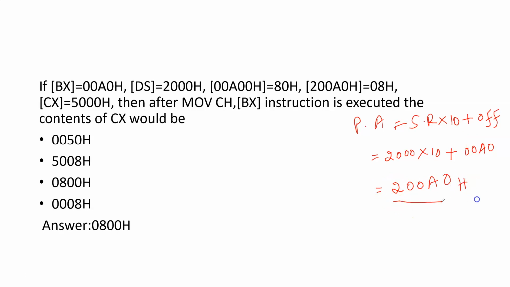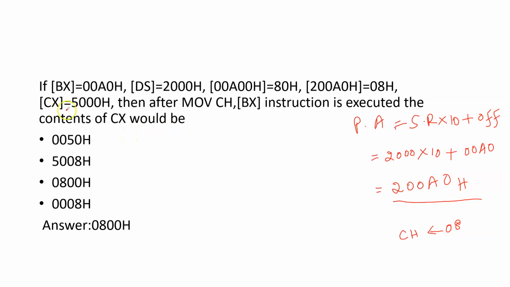From this physical address, whatever value is available will be moved to CH, according to the instruction. What is the value at this address? At this address I have 08. So 08 will be moved to CH. They are asking to find the value of the CX register.